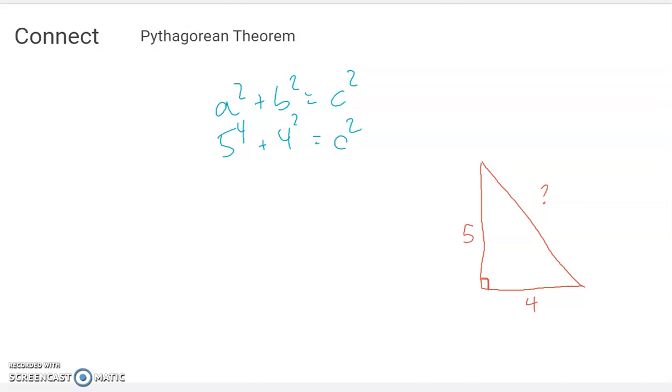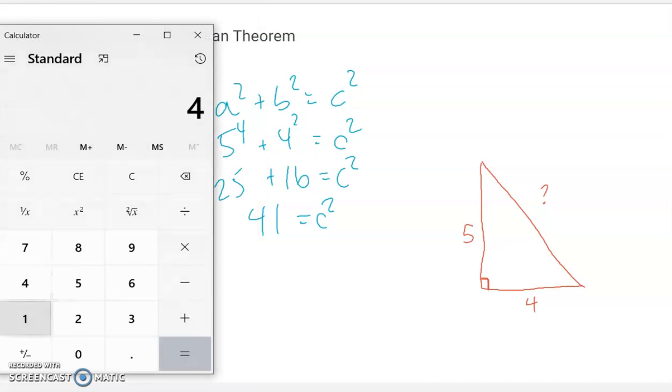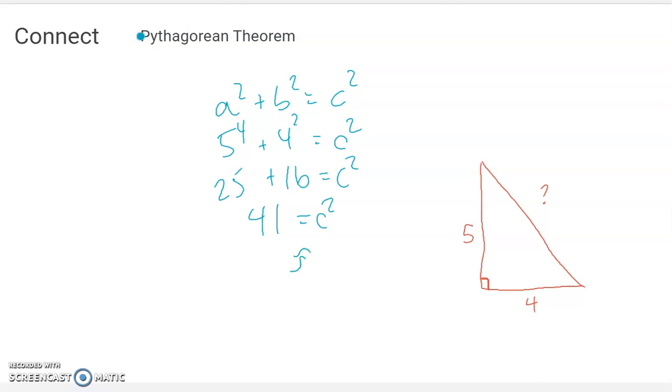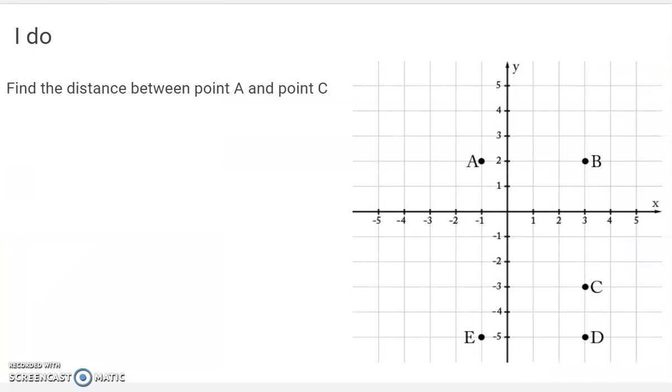That would be 25 plus 16 equals c squared. 25 plus 16 is 41 equals c squared. Gonna need a calculator to know that. So about 6.4, that is the hypotenuse. So it's somewhere around that, right? So that's what we learned with the Pythagorean theorem already.